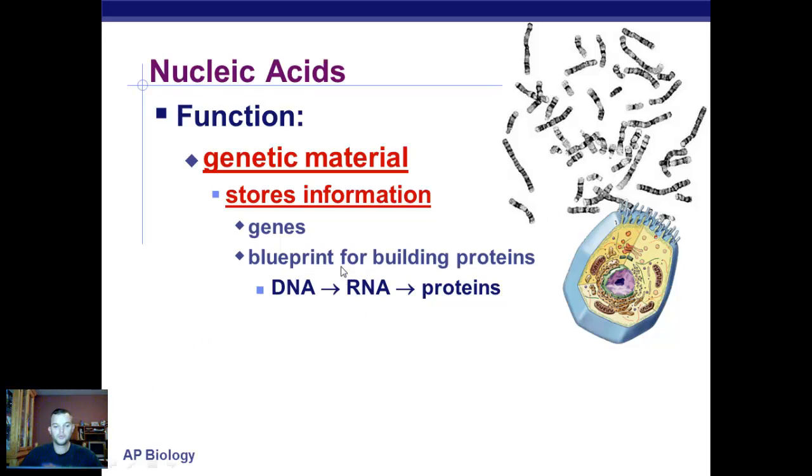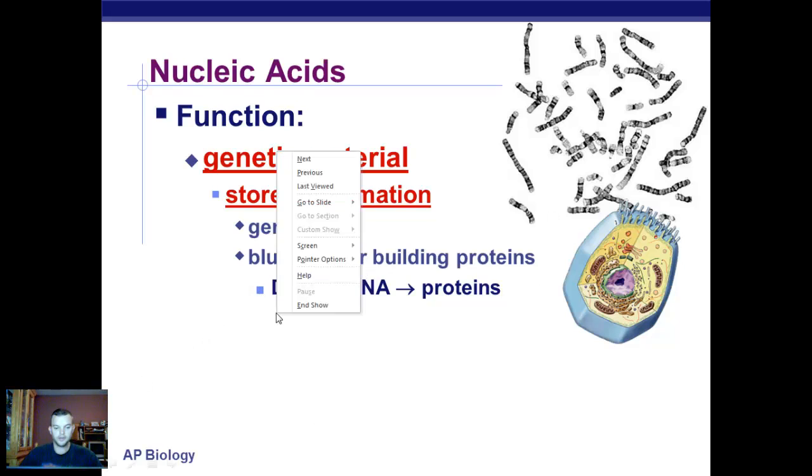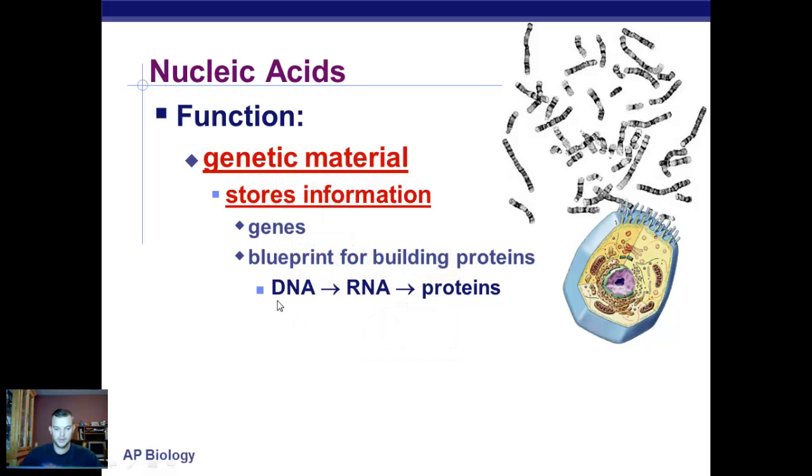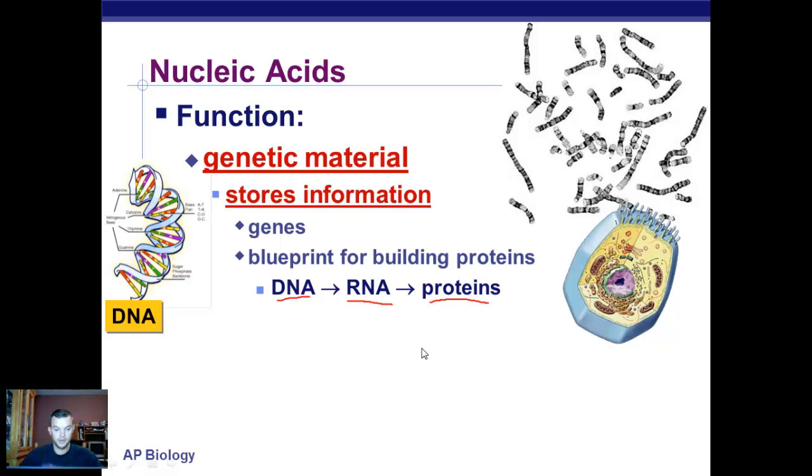Alright, and so really when we look at the nucleic acids, what we're looking at is the DNA and the RNA. So you have the DNA, which gives the instructions for creation of RNA, and the RNA gives the instructions for the creation of a particular protein. And so each location, each gene, is going to act as the recipe for one particular type of protein.